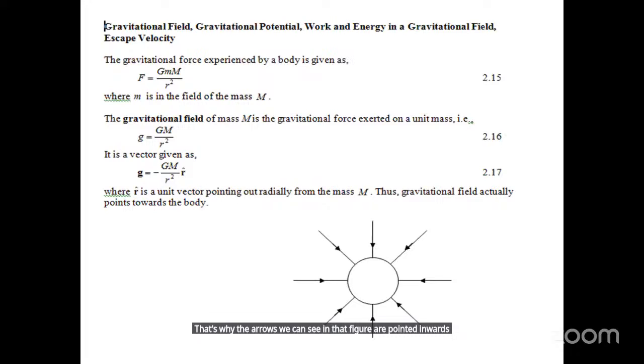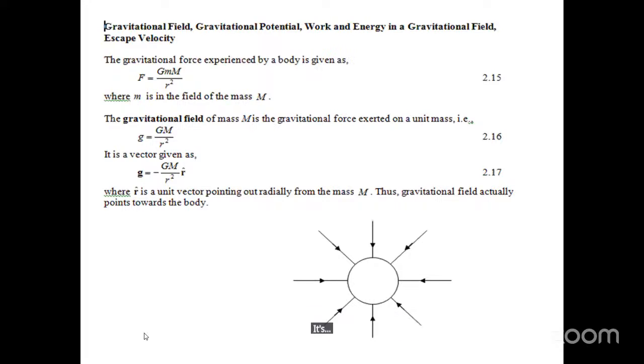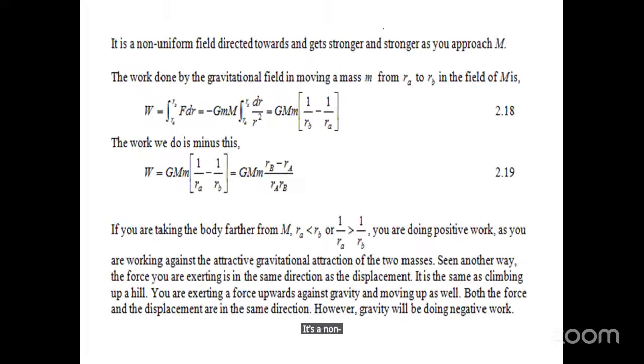Wherever you are, the arrow is pointing inwards. That is why anywhere you are, you are being attracted towards the center of the Earth. It's a non-uniform field directed towards M and gets stronger and stronger as you approach M.